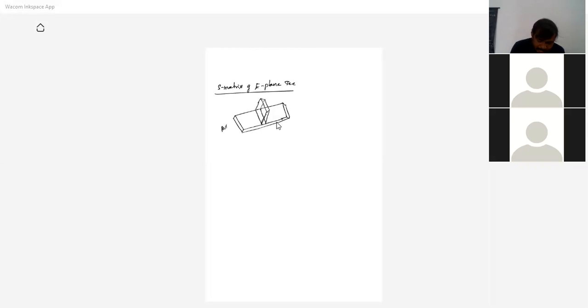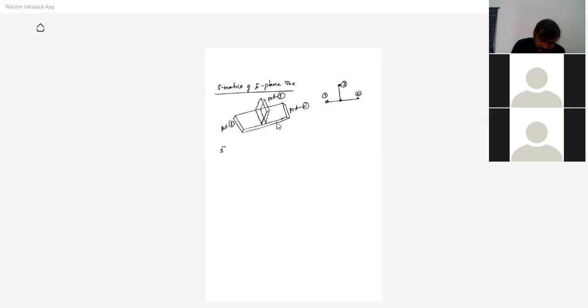Port 1, port 2, and port 3. Port 3 is perpendicular to the plane of port 1 and port 2. You can simply draw it like this, perpendicular. So 1, 2, 3.